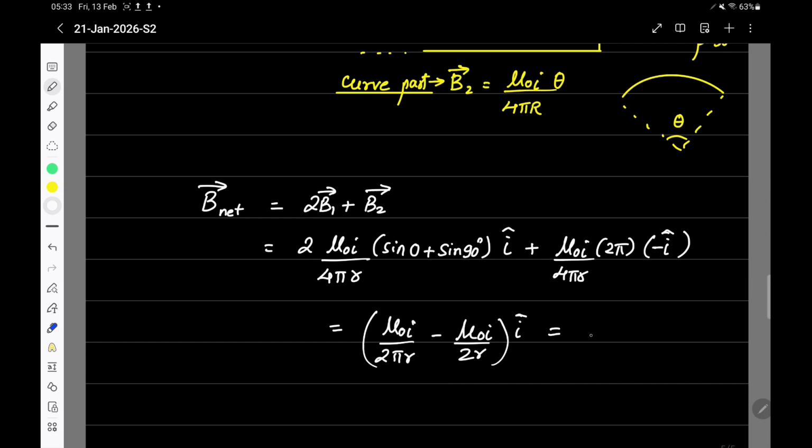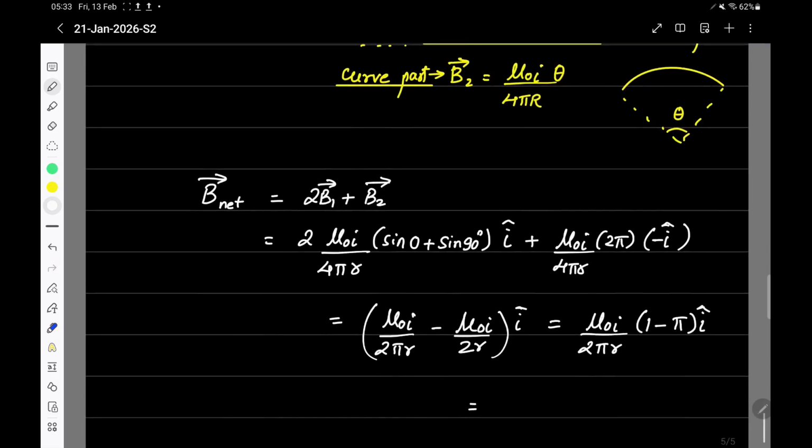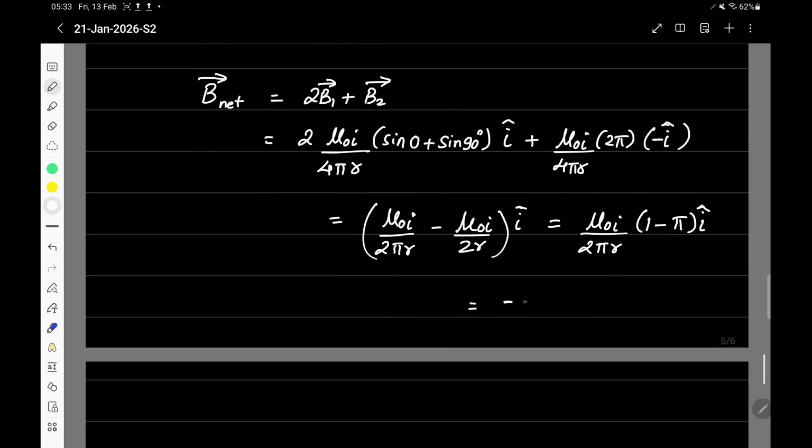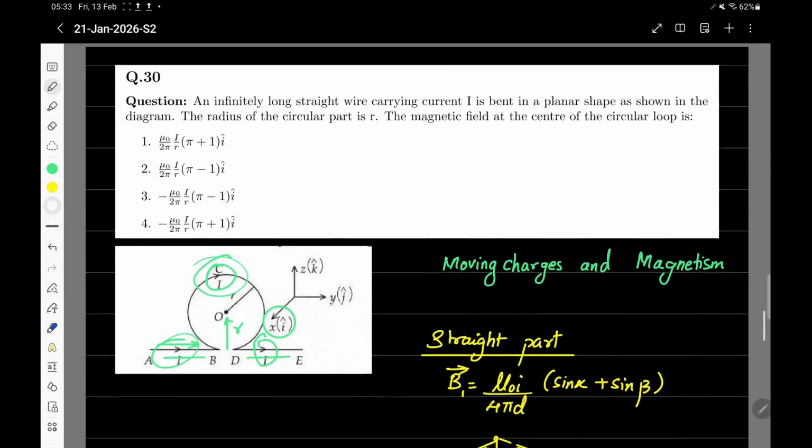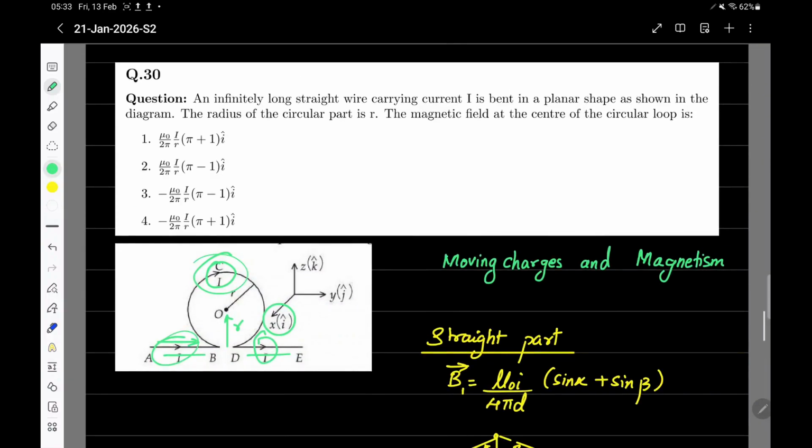We can further take mu naught I by 2 pi r out and we will be left with 1 minus pi I cap. 1 minus pi is a negative number, so better to write it as minus mu naught I by 2 pi r into pi minus 1 I cap. We'll search for either this or this in the options. We can see option C, or option 3, matches.